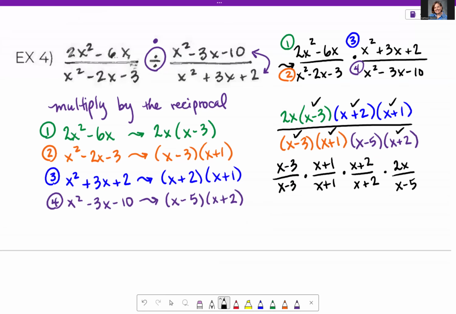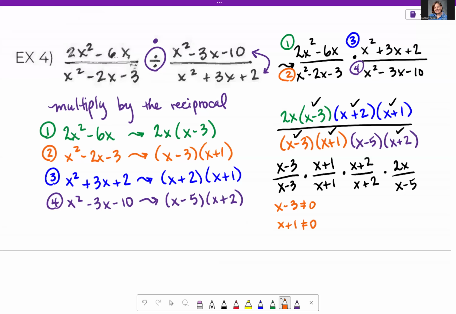Before I simplify this and eliminate all of the fractions that simplify to 1, I need to make sure that my denominator is never, ever 0. So x minus 3 cannot be equal to 0, and x plus 1 cannot be equal to 0.